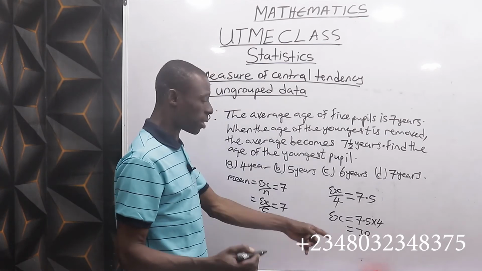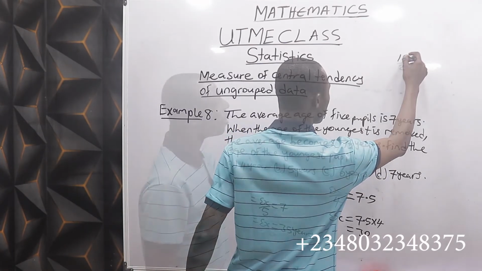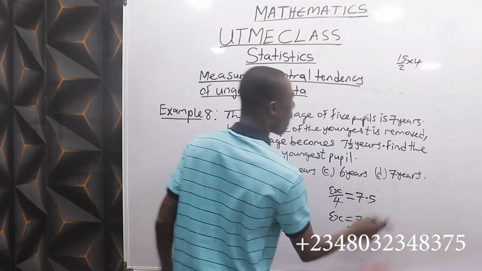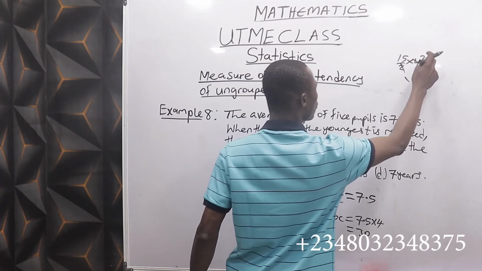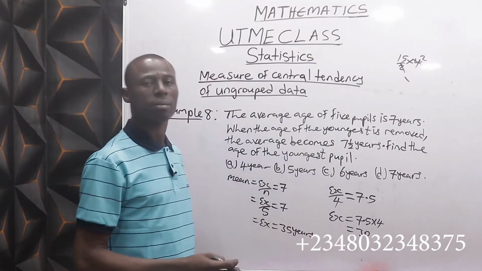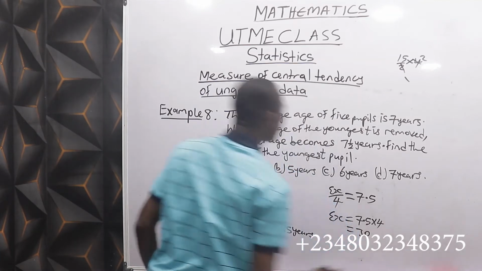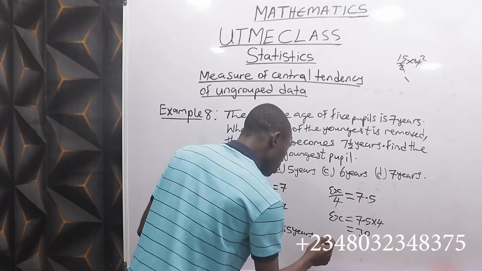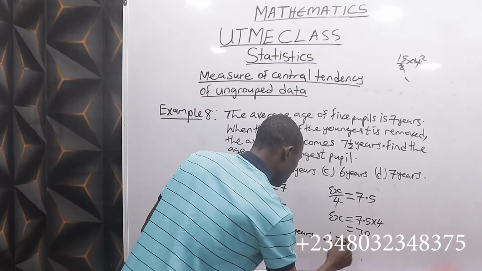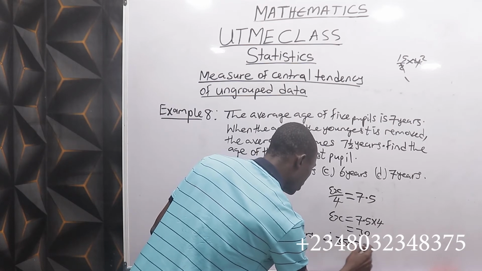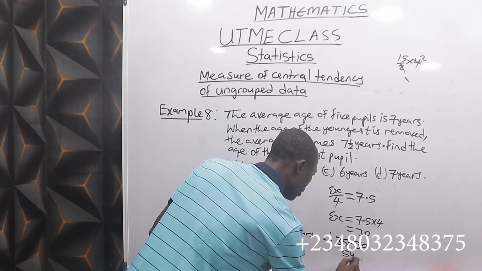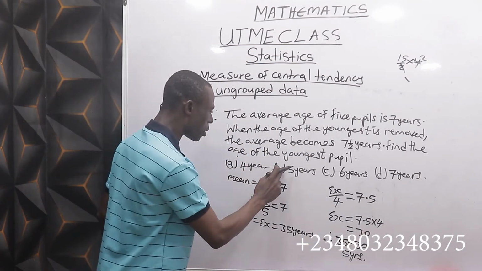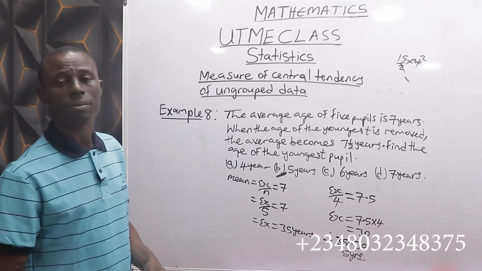Do you understand how it is 30? 15 over 2 is the same thing as 7.5, times 4. So you have 2 here, 2 in this, 2 times 15, that is 30. So the age of the youngest that was removed will now be 35 minus 30, which is 5 years. And that tallies with option B as the correct answer.